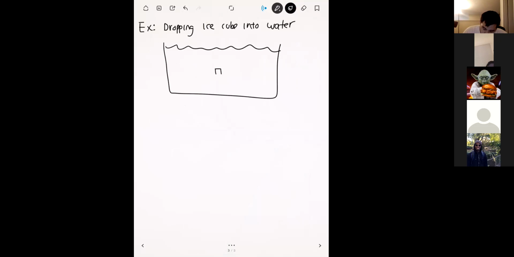And we're going to assume that we're dropping it into like a swimming pool or something. Normally when you drop an ice cube into a drink, your drink is a relatively small amount of fluid. So as the ice cube heats up, your drink cools down. And that's the reason why you put ice in your drink, right, to keep it cool. But if you throw your ice cube into a very large body of water, like a swimming pool, then the ice cube is going to heat up and eventually melt. But because the swimming pool is so vast, the temperature of the swimming pool itself doesn't really change all that much, okay?